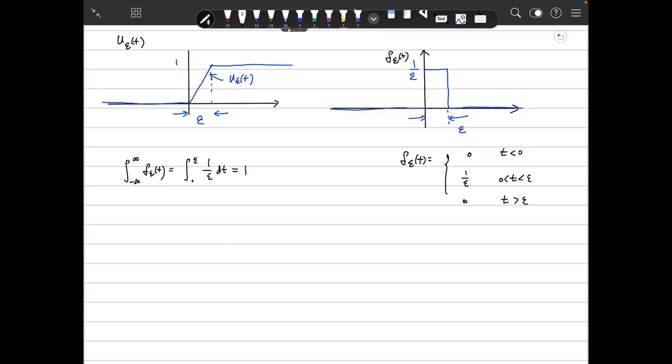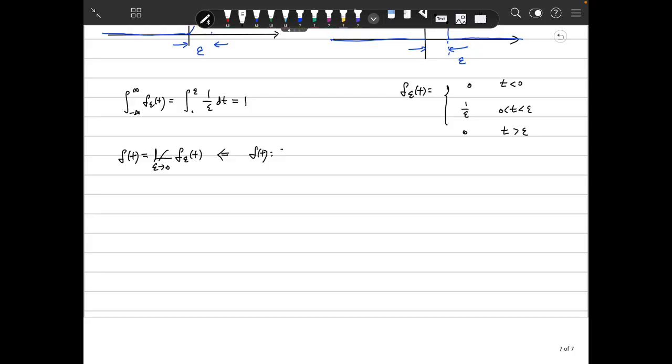Then you can define the delta t. Actually, delta t is the limit of the delta epsilon. So when you take epsilon going to 0, delta epsilon t is the same thing. Therefore, delta t has an infinite magnitude, so we cannot draw this, and we express it as an arrow in this manner.